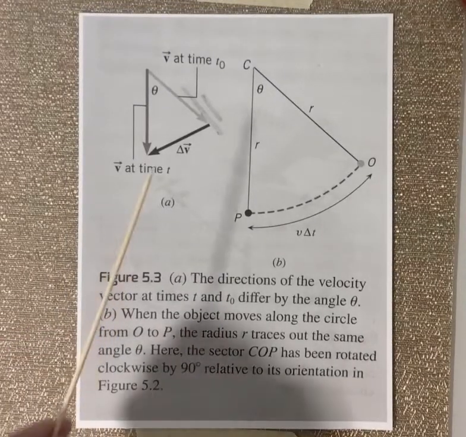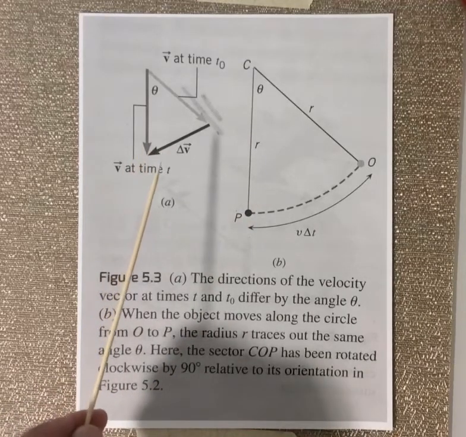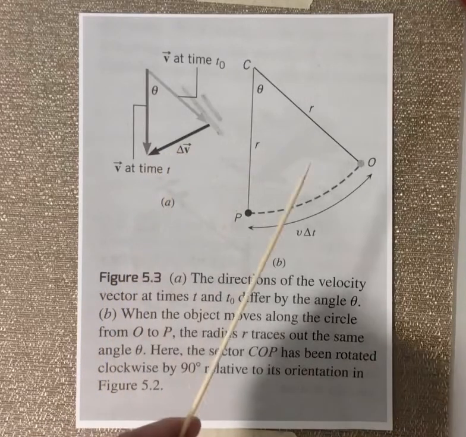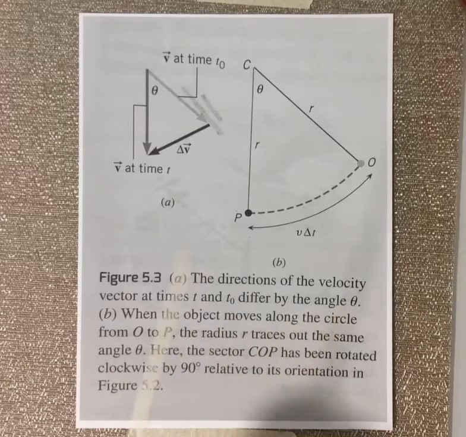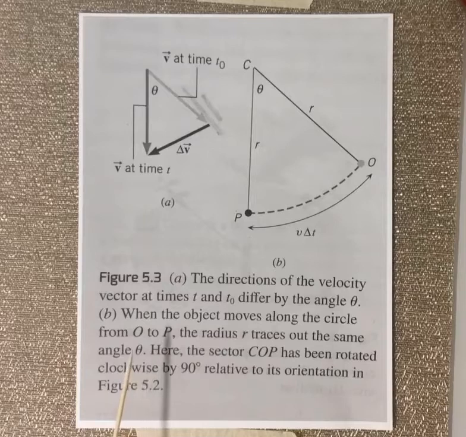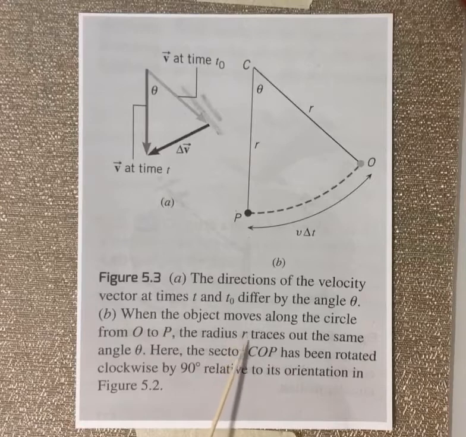We're taking two segments from the previous picture, which is 5.2, and we have similar triangles here. The velocity at time t and t0 differs by an angle theta, as you see here. Now the object moves along a circle from O to P, and the radius r traces the same angle theta here.